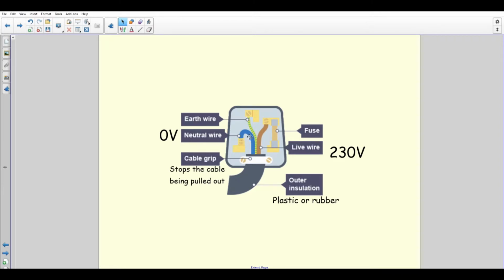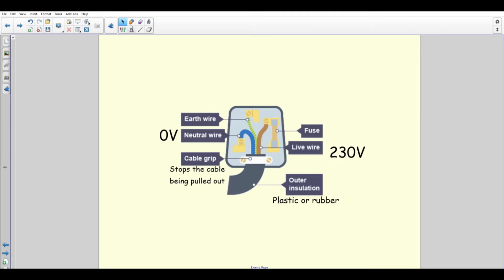So you don't want to touch it. But it's at 0 volts, and that's so that there is a potential difference from the live to the neutral of 230 volts, which, if everything's working right, should be going through your toaster or your hairdryer or whatever, and causing things to actually work and do stuff that you want it to do.